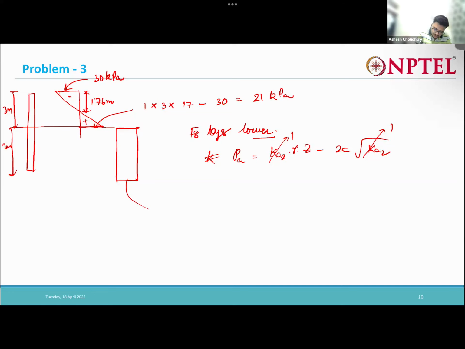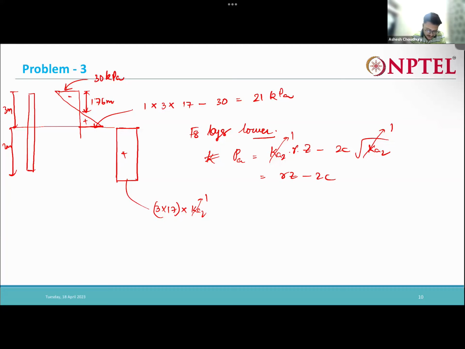So this one will be 3 into 17 into K2, but K2 is 1. This is positive. This much we will be getting. Apart from that, the other part that we will be getting is from this equation, gamma Z minus twice C.